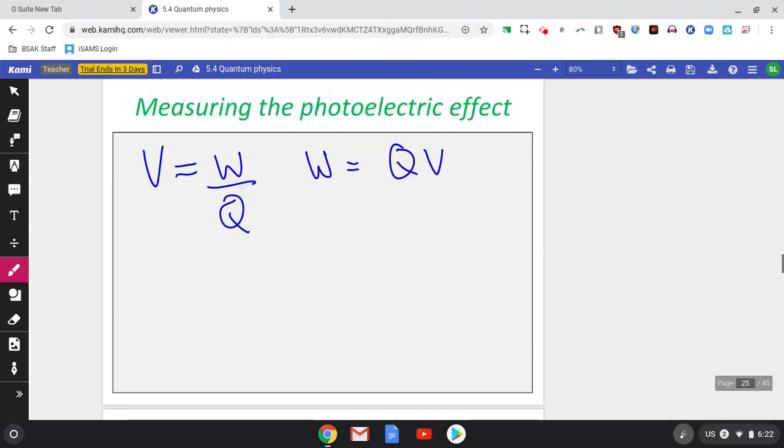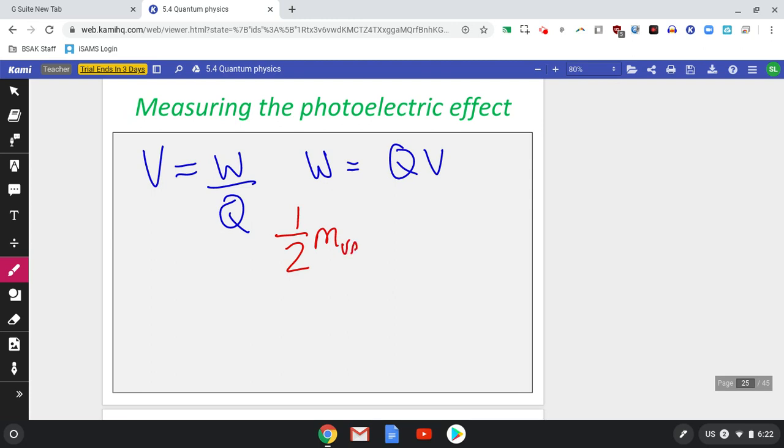This amount of work done is the amount of kinetic energy removed from that electron. So let's carry on with the equation.